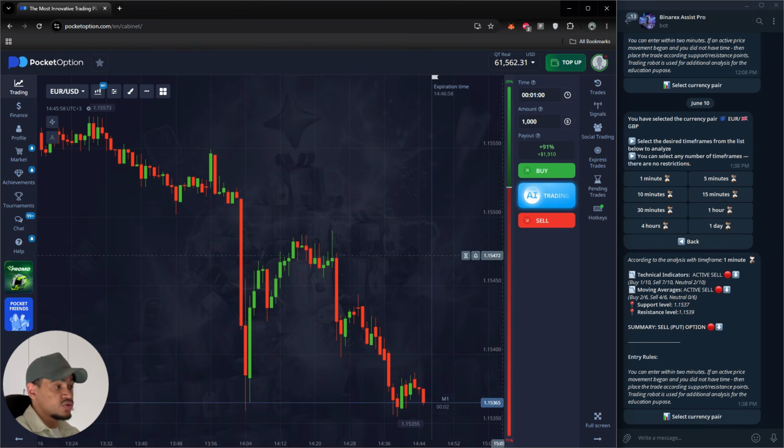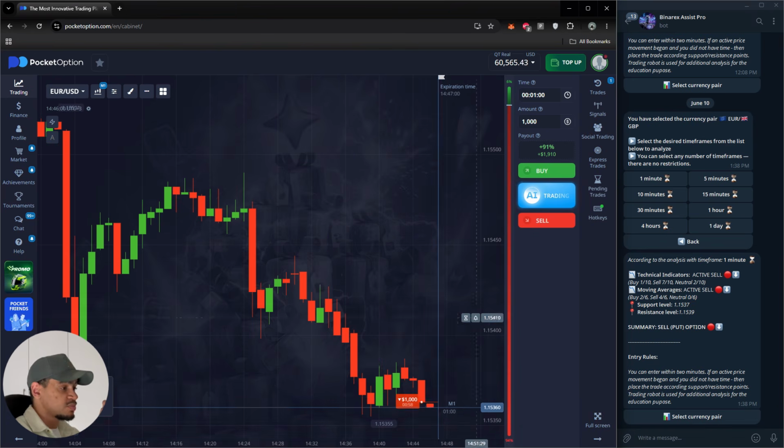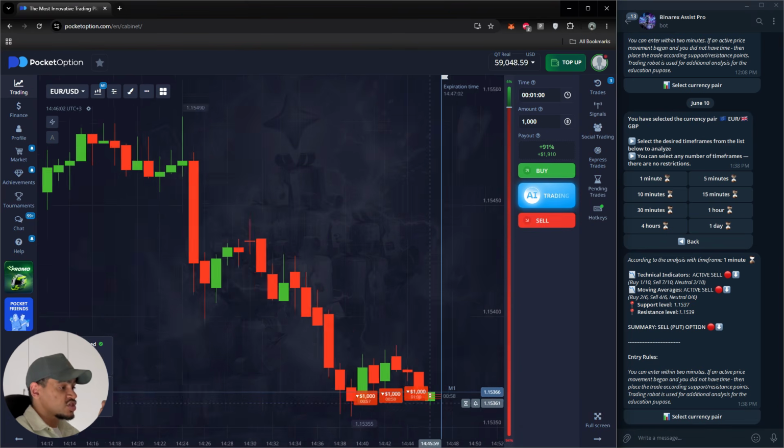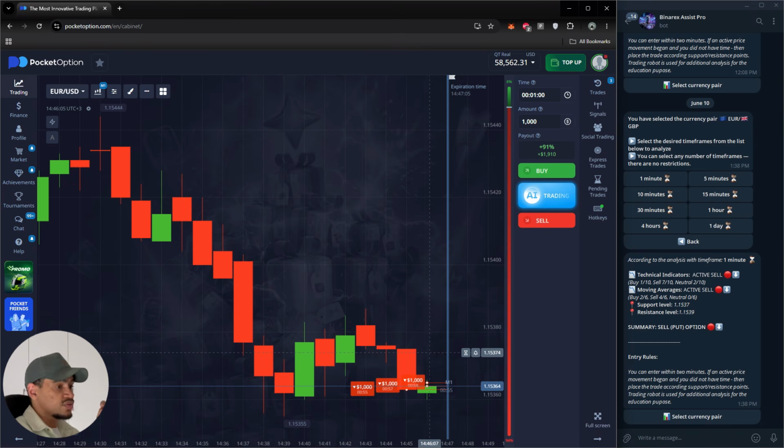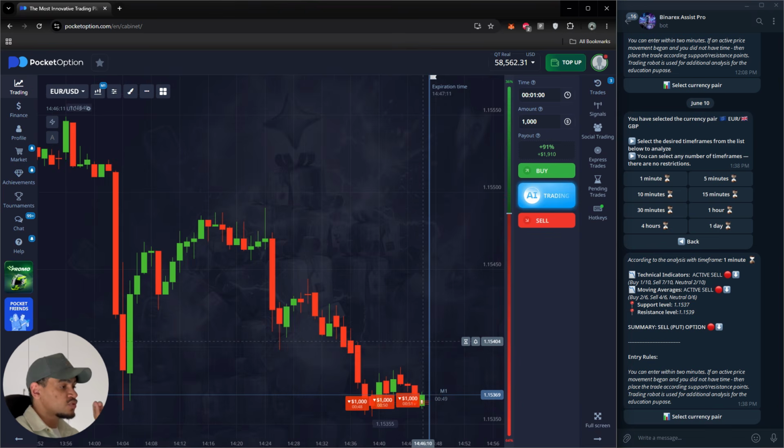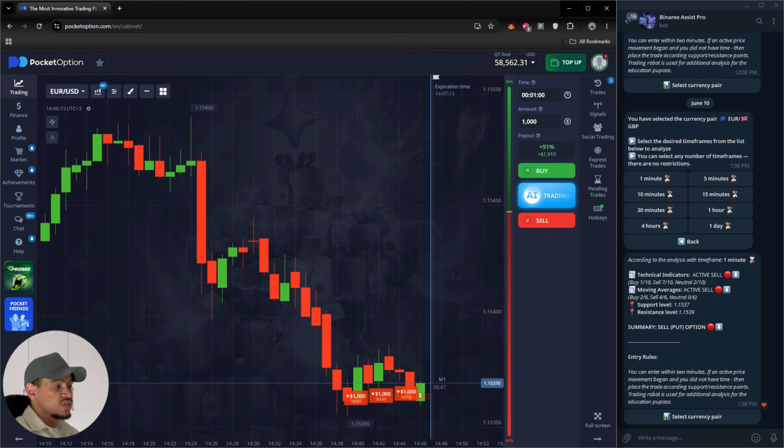really fast. And there you go, we have a sell position here, so I'm gonna place a sell position on a fresh candle. We're gonna place 3,000 on this trade right here. And the thing is that this tool is giving you probability of a successful trade based on the readings from many indicators. So for example, right here we have technical indicators. 7 out of 10 technical indicators are showing a sell position.